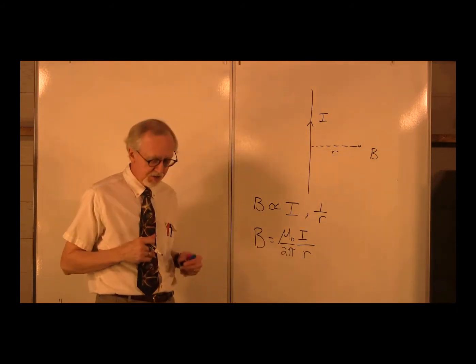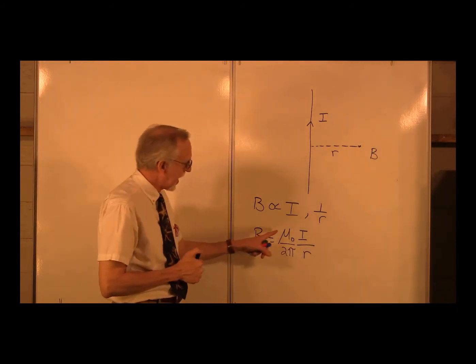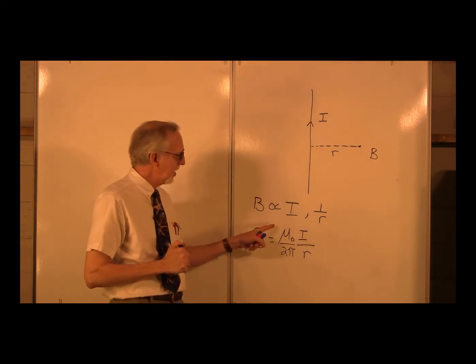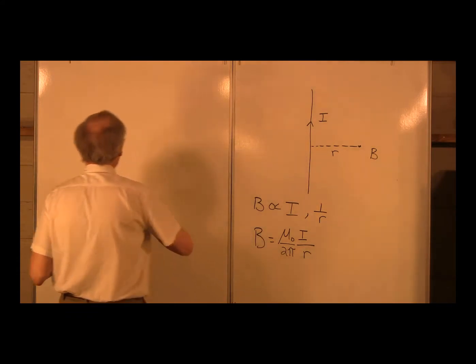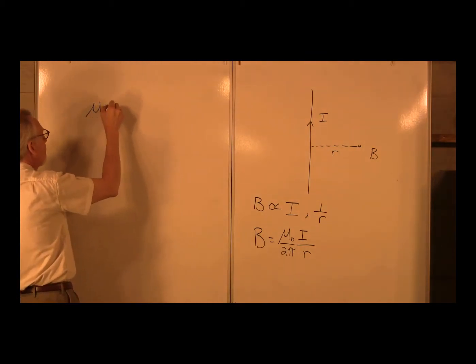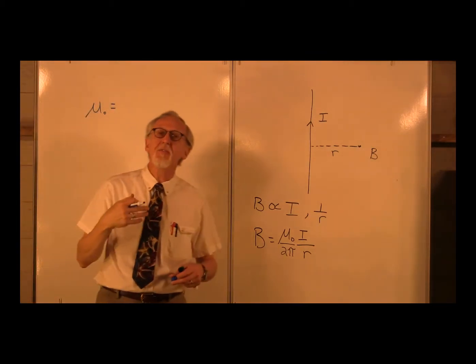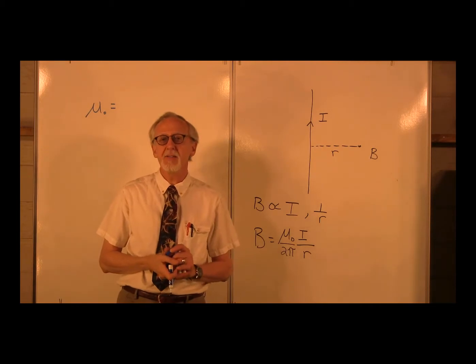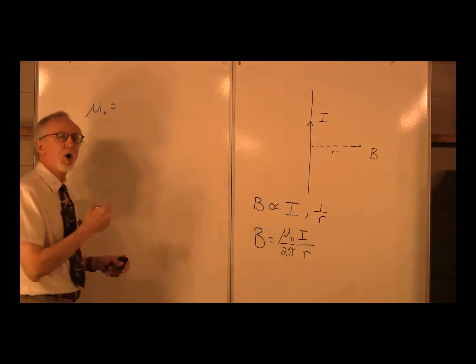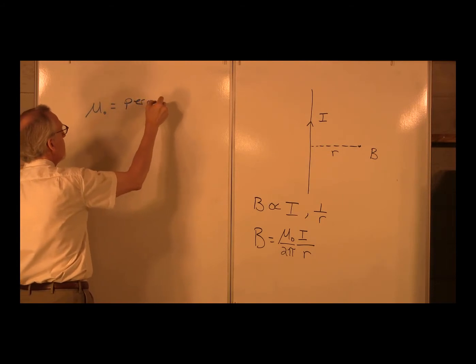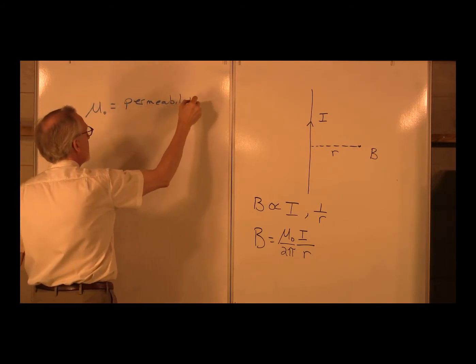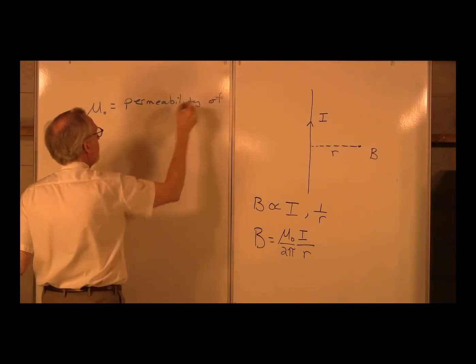So the combination of constants that we'll use here is mu naught over 2 pi, where, if you'll remember, epsilon naught we call the permittivity of free space. Mu naught is the permeability of free space.